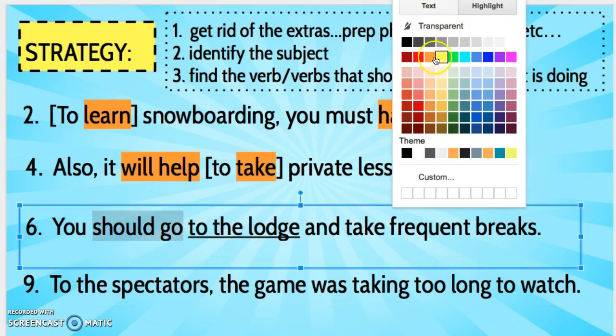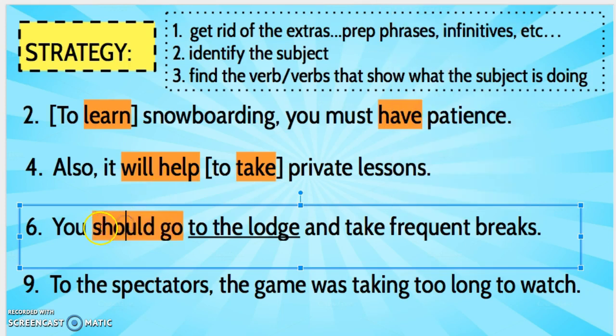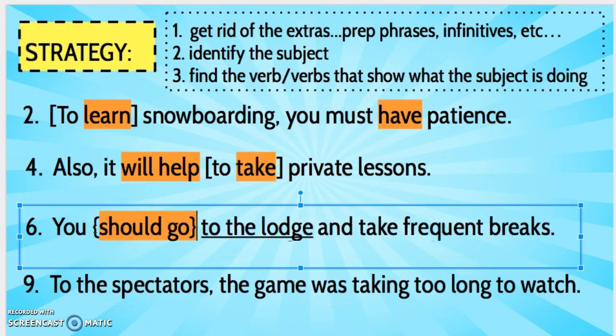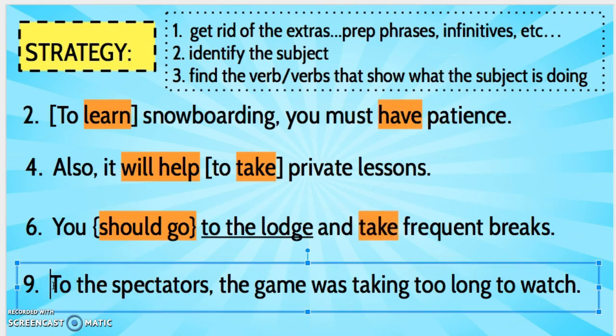Should being my helping verb here, go being my action verb, and this is also going to be a verb phrase because I have two verbs in a row. And when I have two verbs in a row, that is going to be a verb phrase, so you've got to be aware of those. Take is going to be another action verb. To the spectators, hopefully we picked that up as being a prepositional phrase once more.